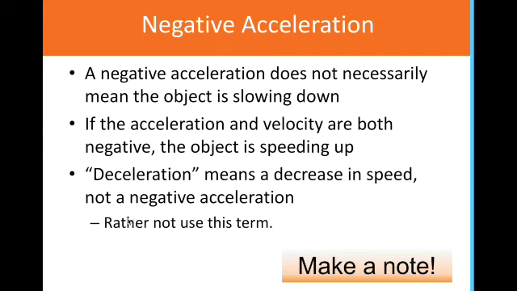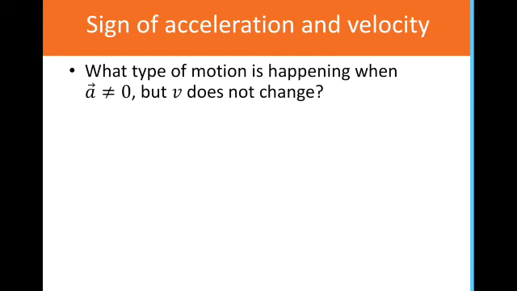So I would rather steer clear from using this in the physics course. Just say that if you want to mean that something is slowing down, you say that the acceleration is in the opposite direction of the velocity. And please be clear on this. So this is a good point to make a note and make sure that you understand what's going on. All right.